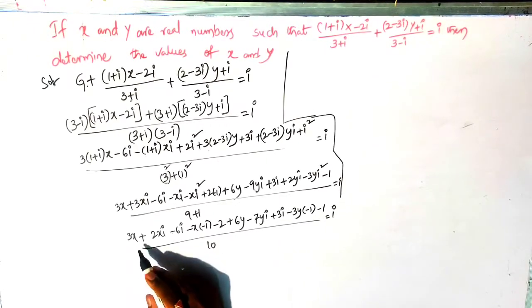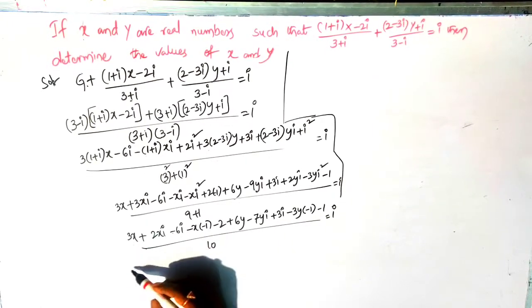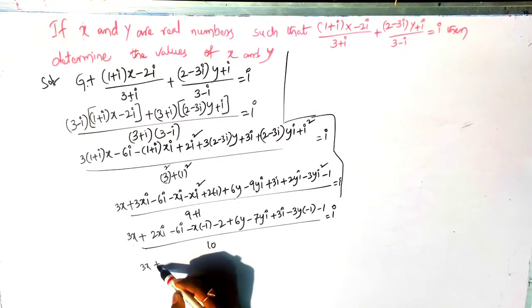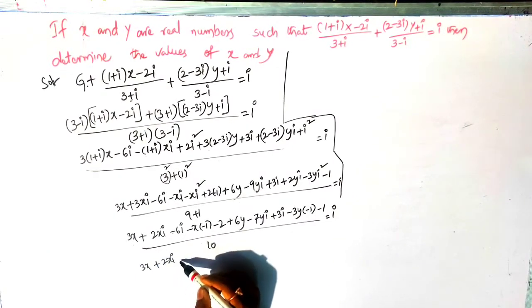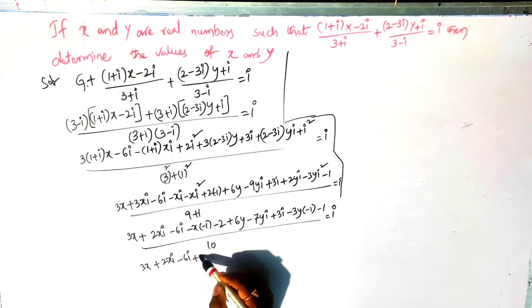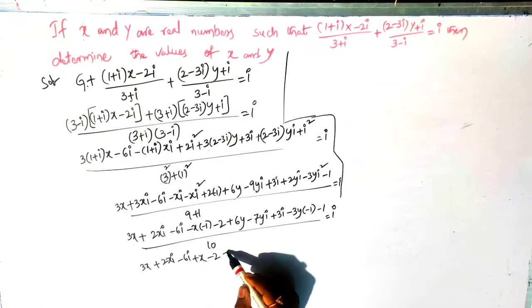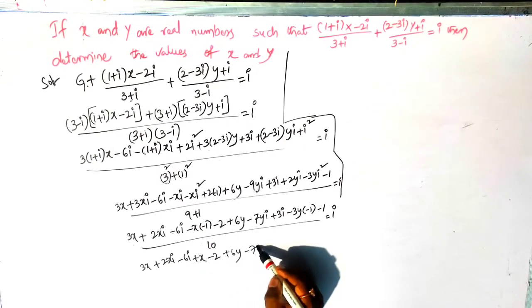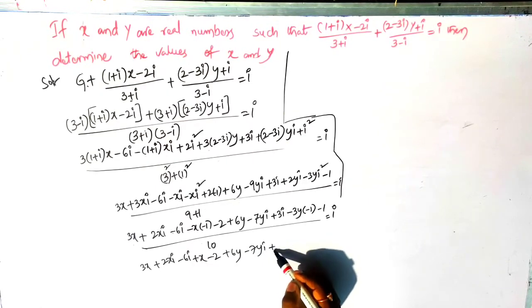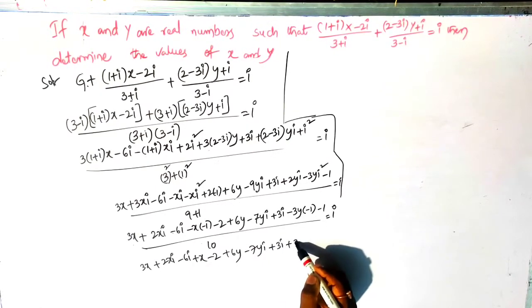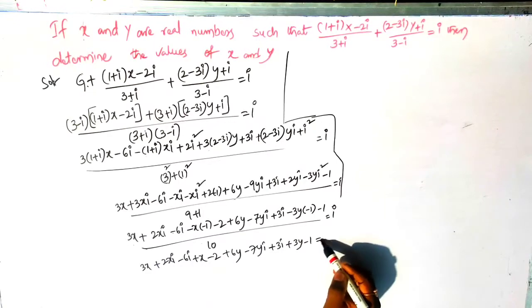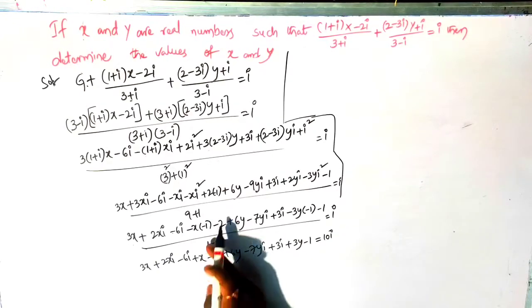Okay, now multiply this one first of all. 3x plus 2xi minus 6i plus x minus 2 plus 6y minus 7yi plus 3i plus 3y minus 1 is equal to 10i. So 10 into i, 10i.